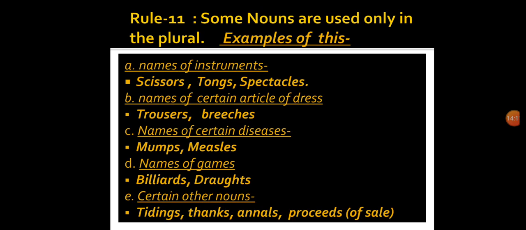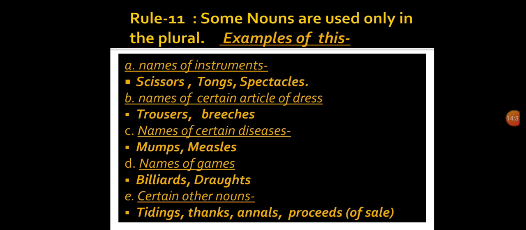See rule 11. Some nouns are used only in plural forms. See some examples of it. First, names of instruments like scissors, tongs, spectacles. There are also names of certain articles of dress where we use nouns in plural forms.